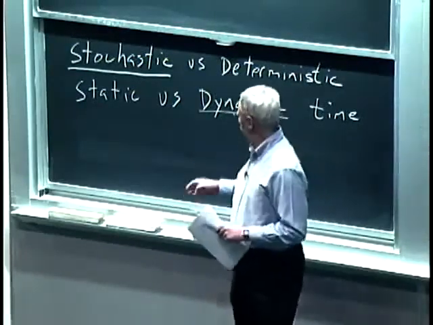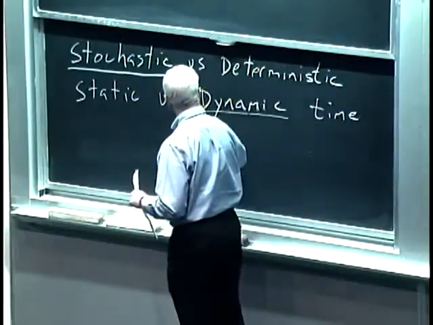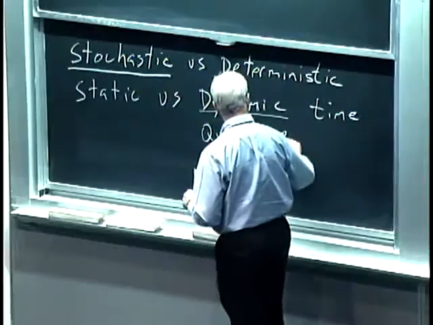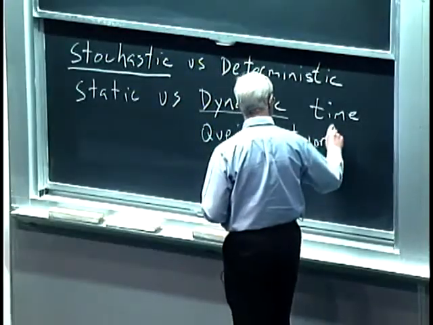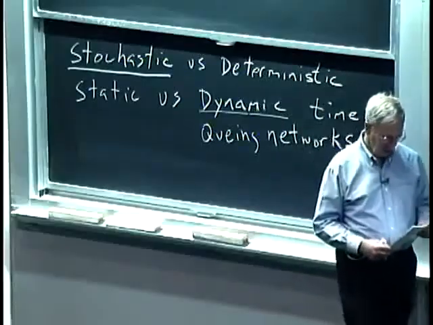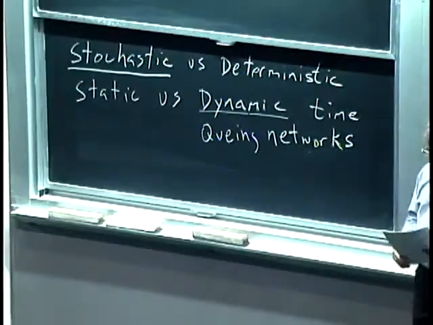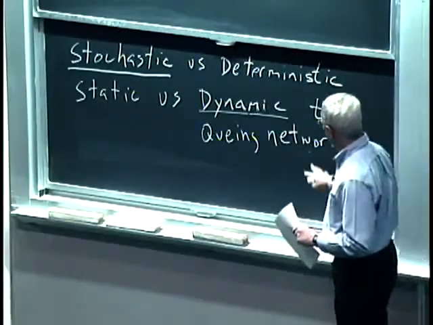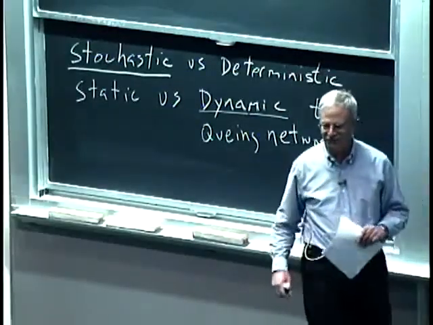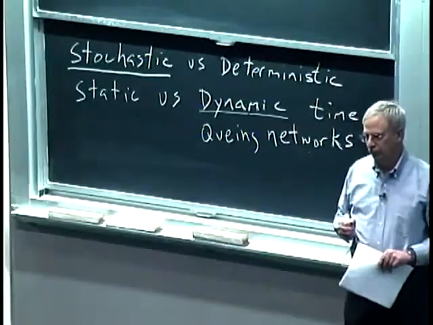So an example of this kind of thing would be a queuing network model. This is one of the most popular and important kinds of dynamic simulations, where you try and look at how queues, a fancy word for lines, evolve over time.